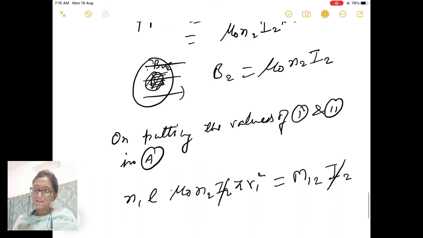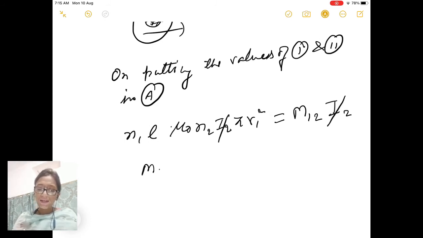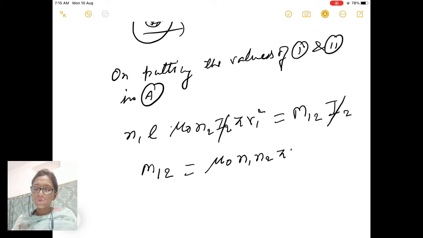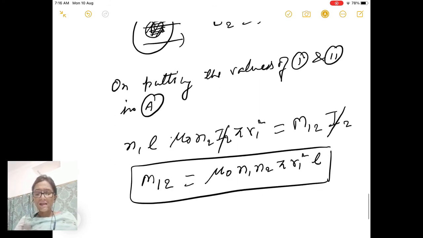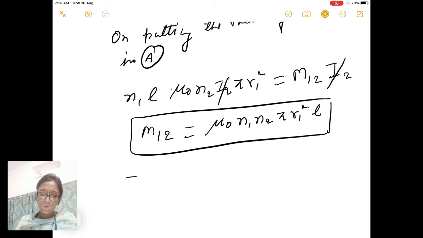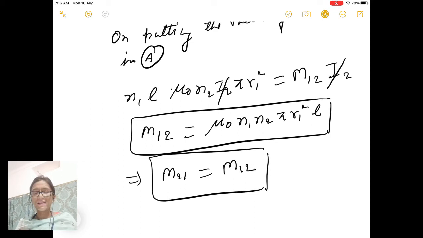So current is cancelled, and you get that the mutual inductance in 1 due to 2 is equal to, let me rearrange it, mu naught N1 N2 pi R1 square into L. You find the same value of mutual inductance, and so M21 is the same as M12. Mutual inductance is the same for primary and secondary.